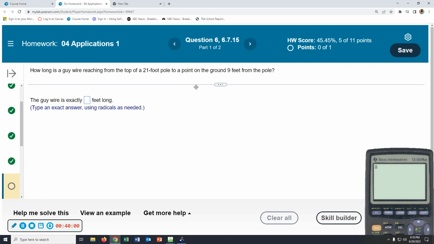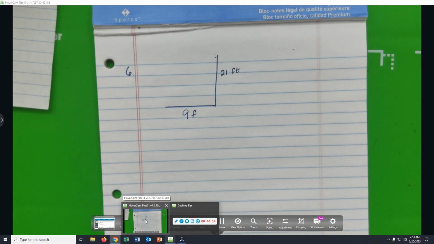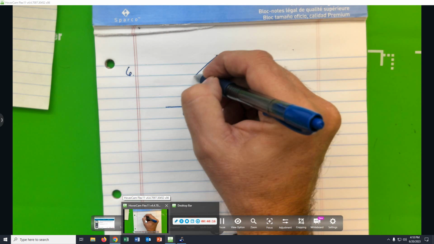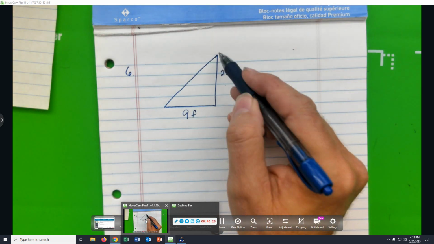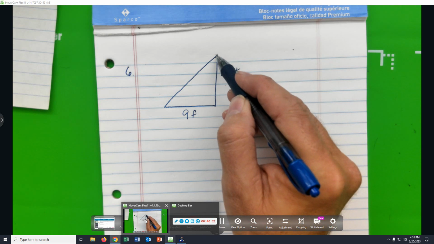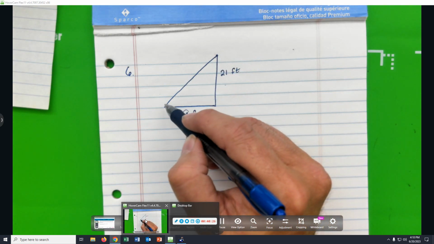And the wire reaches from the top of the 21-foot pole to a point on the ground 9 feet from the pole. So there's a 21-foot pole, and then there's a wire going from the top of the pole to the ground 9 feet away.